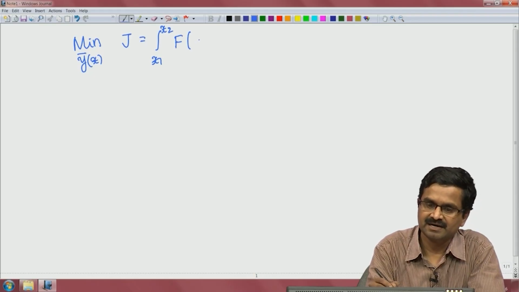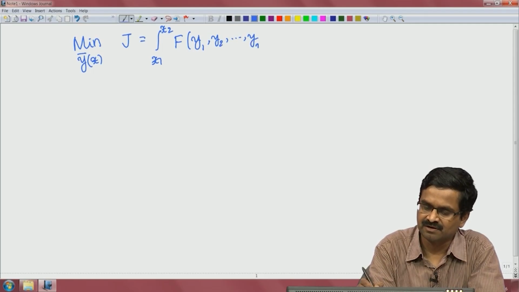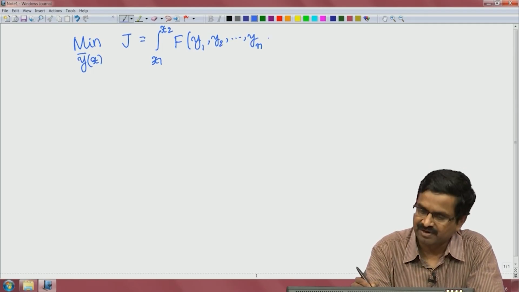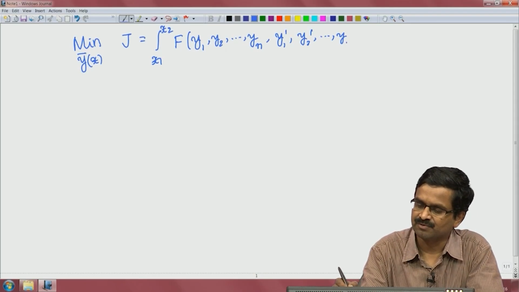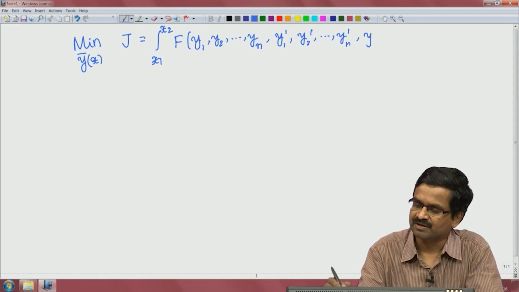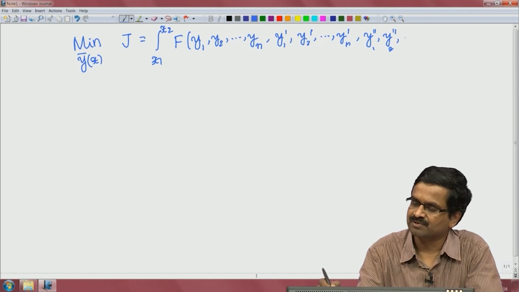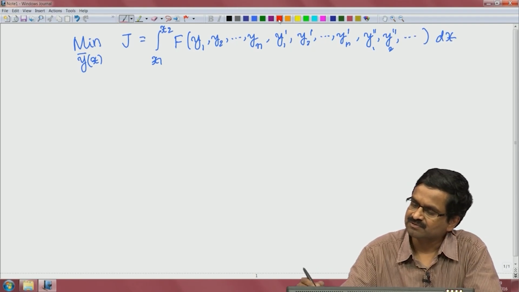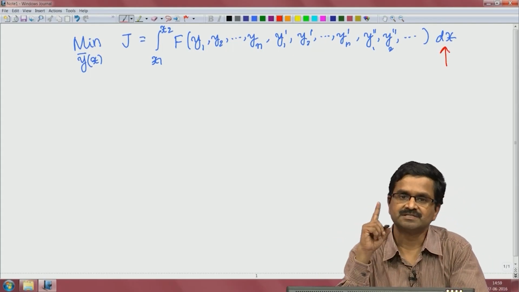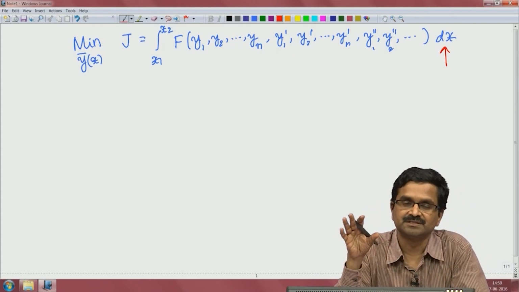We had an integrand that depends on y1, y2 and any number of its n functions, and then the first derivative, second derivative and so forth up to whatever you want. So, this is y1, y2 double derivative and so forth, but our independent variable was still x, that is we are doing one dimensional problems.